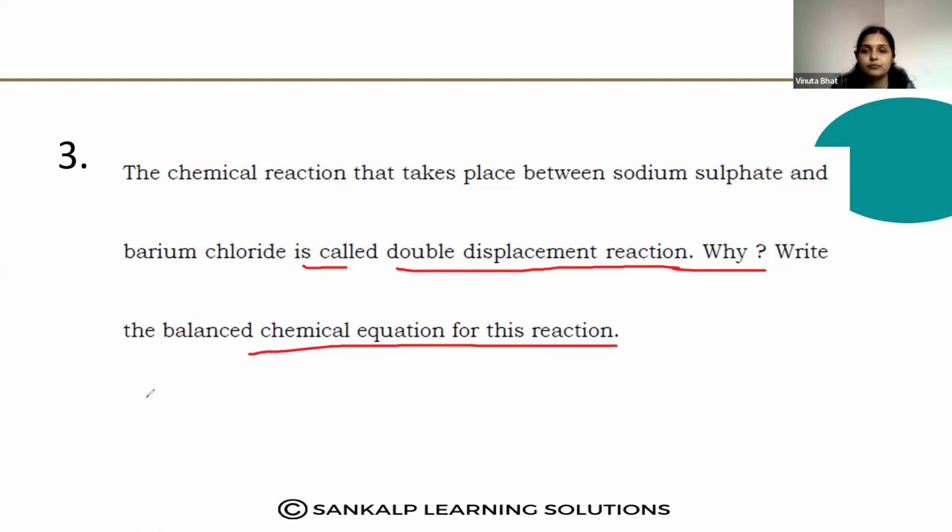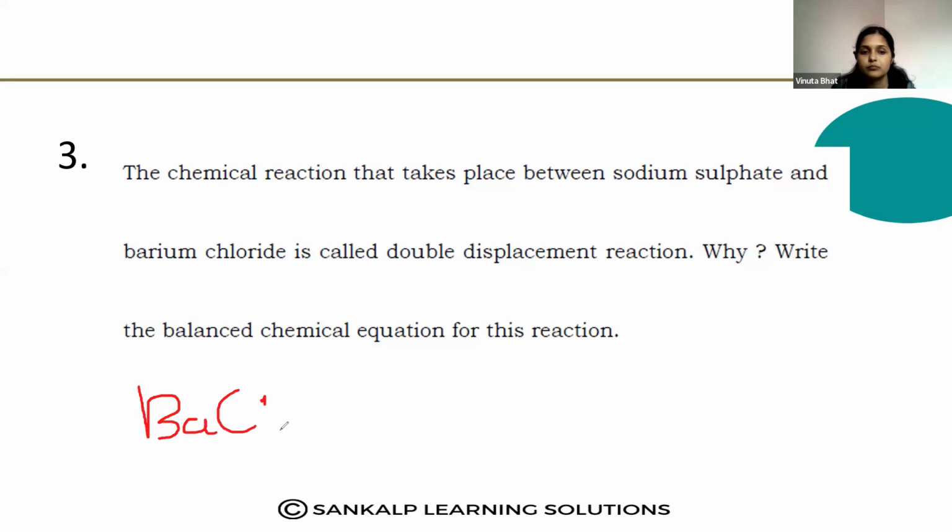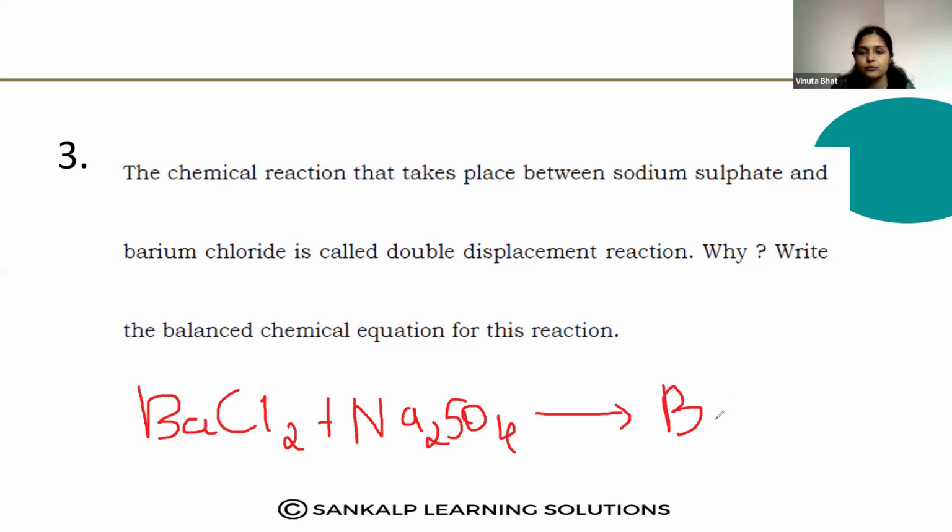Here, sodium sulfate, Na2SO4, and barium chloride, BaCl2, form BaSO4 plus 2NaCl. Na2 gives 2NaCl, chlorine 2. Yes, this is the balanced chemical reaction.